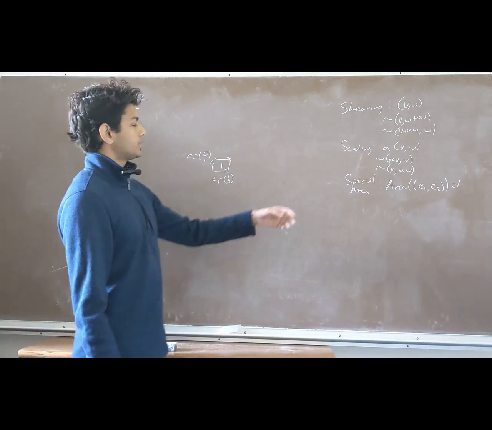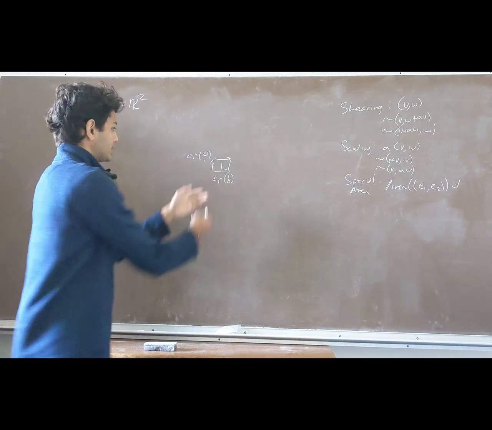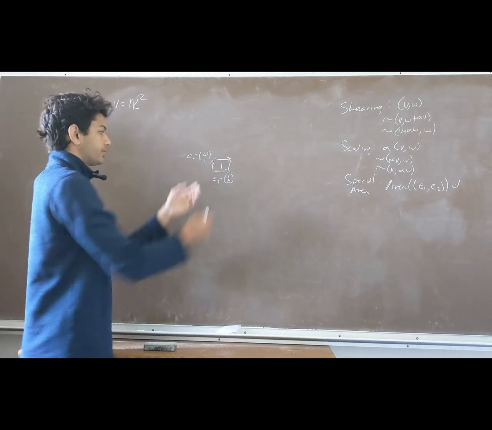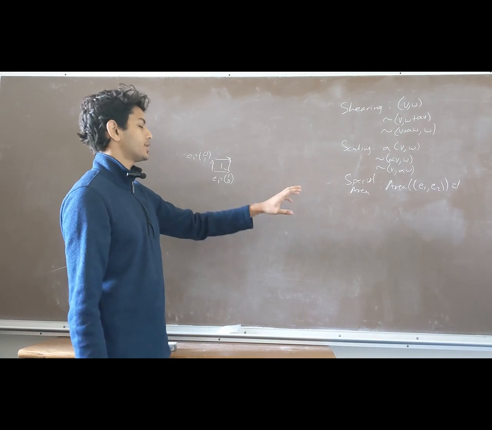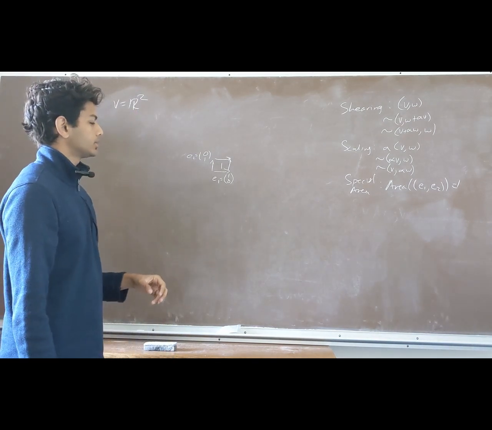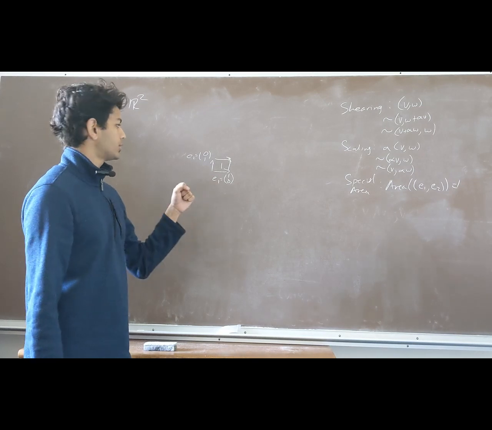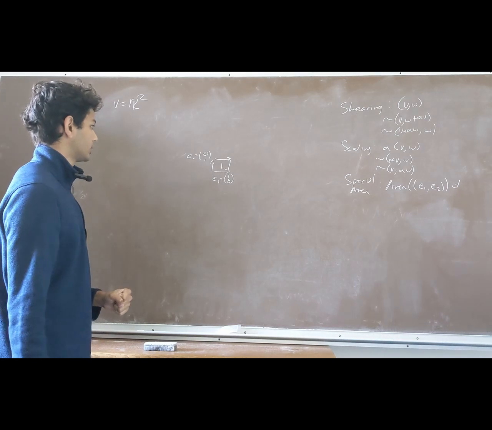But the thing is that if I draw something with 5 times the area of this, then regardless of whether I say this area is 1 or this area is 7, that other thing will have an area of 5 times the original one. And so this special area is really a separate statement from the other two, in that you're just choosing a special parallelogram or square and declaring that its area is 1.